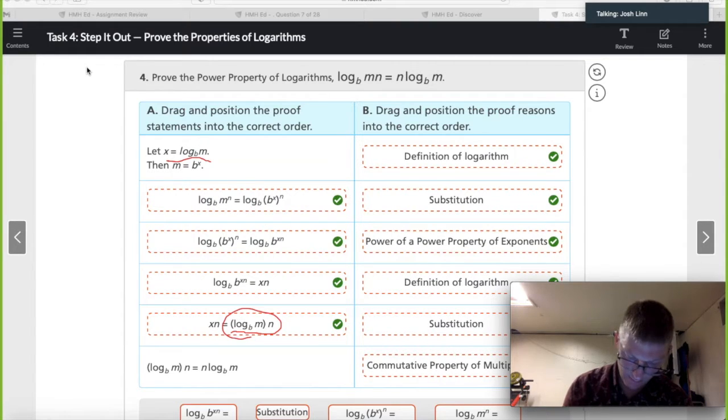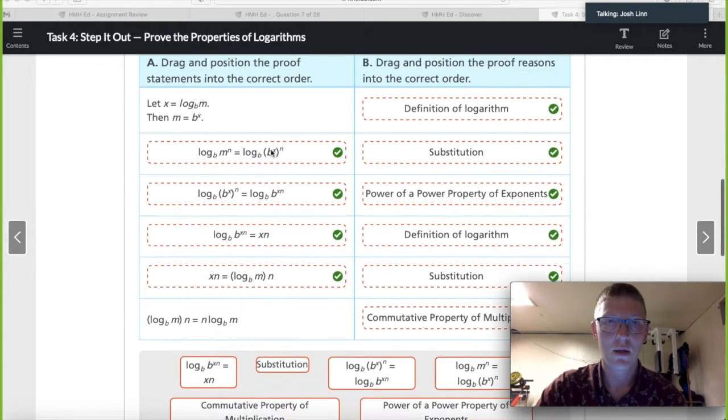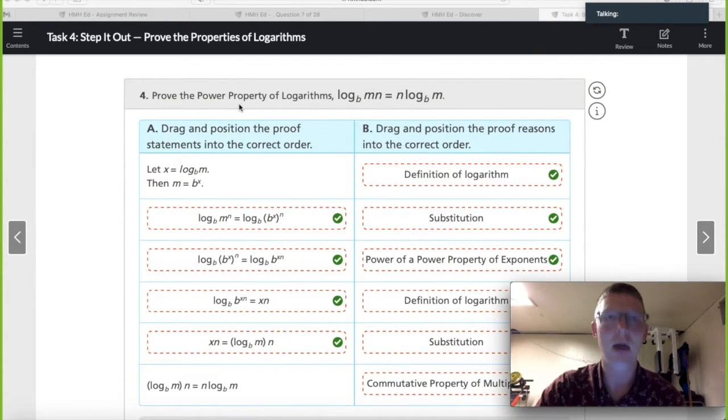Now we have log base b of m times n. That is equal to that, which is just an old school commutative property of multiplication. We just move that n over to the front. So that is, again, a taste of what a proof kind of looks like, and that proves our power property of logarithms.